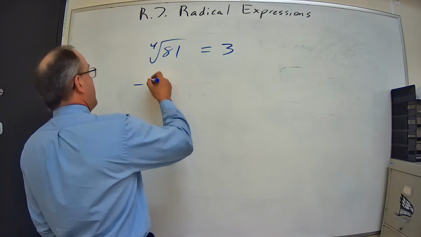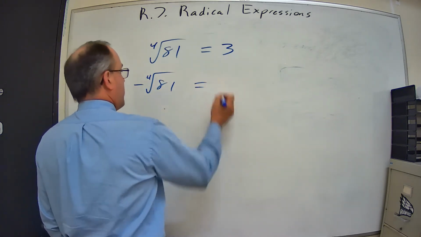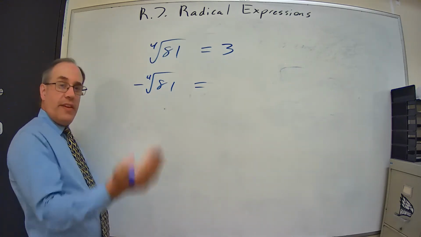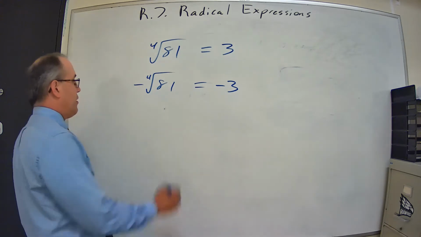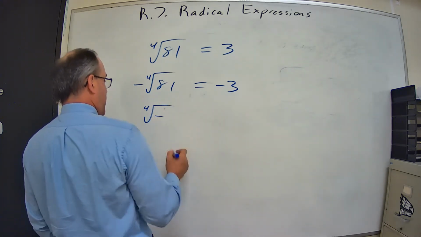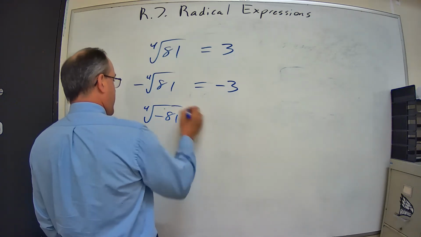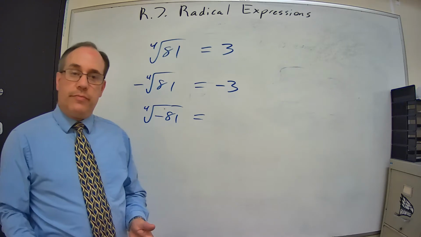If I say negative fourth root of 81, it's telling us we want the negative root, so that's negative 3. If I would ask for the fourth root of negative 81, be careful.